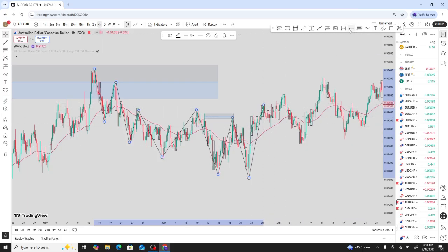So this is a change of character, because the market has broken the last lower high, and immediately after it broke it, it continued the direction to the upside, as you can see. So this price changed from a downtrend to a buy trend.